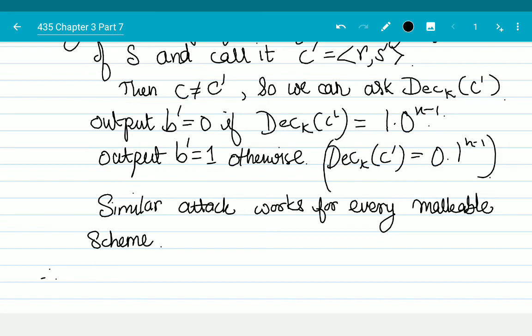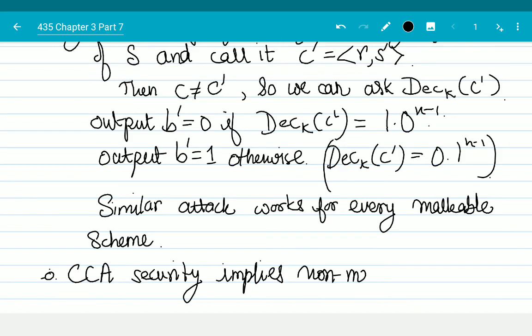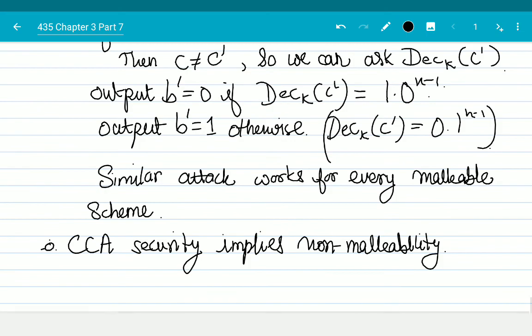Therefore, CCA security implies non-malleability. Okay? Now the question is, is this realistic? Is this too strong? The answer is maybe.